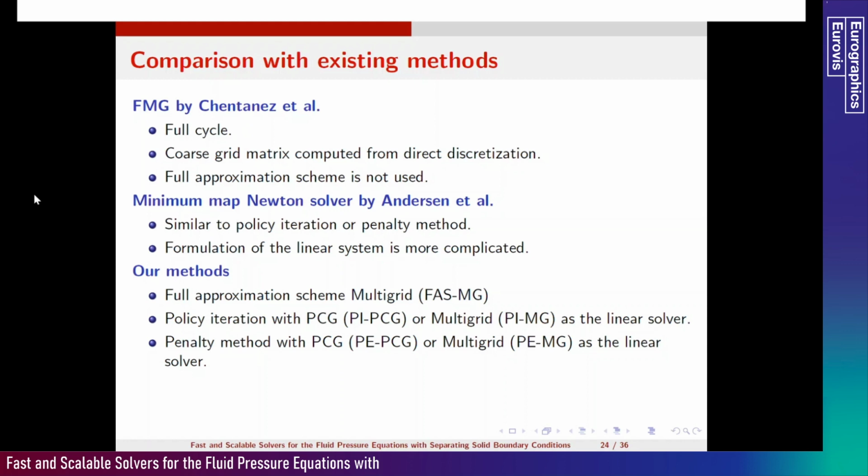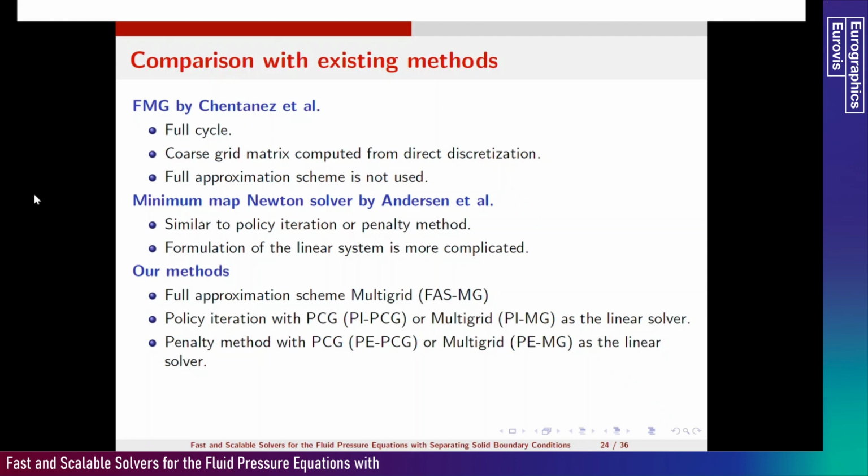Like our polarization and penalty method, it also requires solving a linear system in each iteration, but has a complicated formulation of the linear system. All methods include the FAS multigrid, polarization, and penalty method with PCG or linear multigrid as the linear solver.